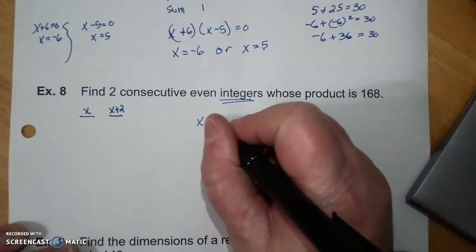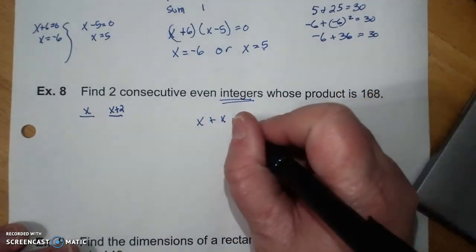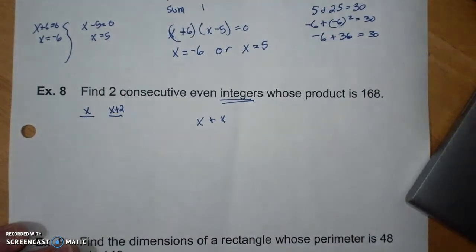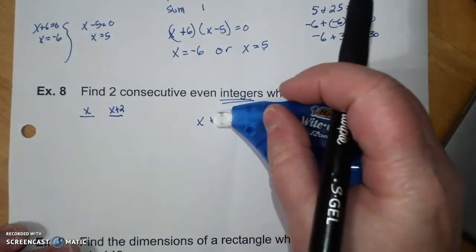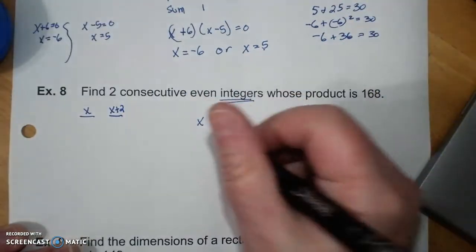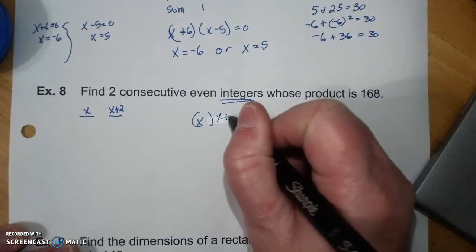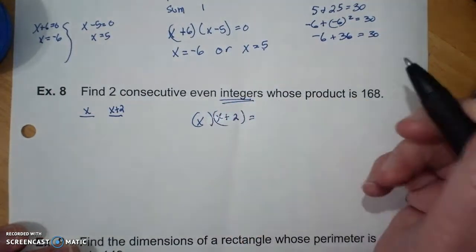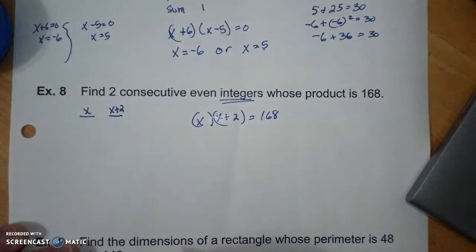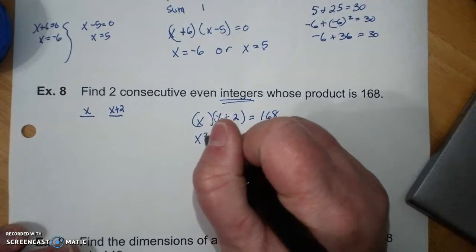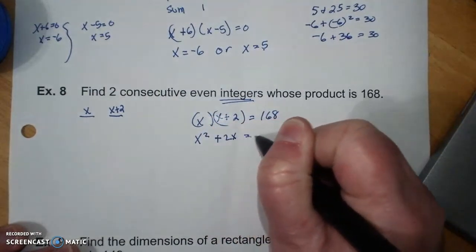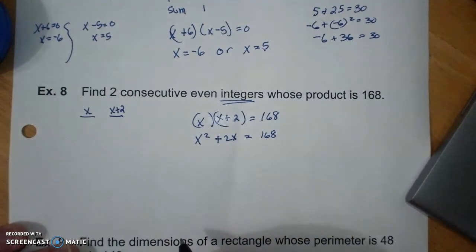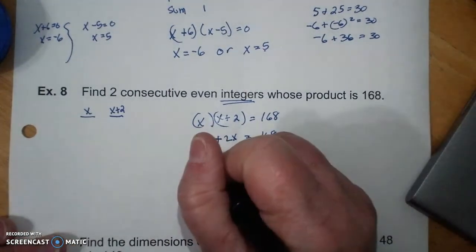So I have the product, that means multiply, x times x plus 2 equals 168. And so x squared plus 2x equals 168. Set equal to 0.